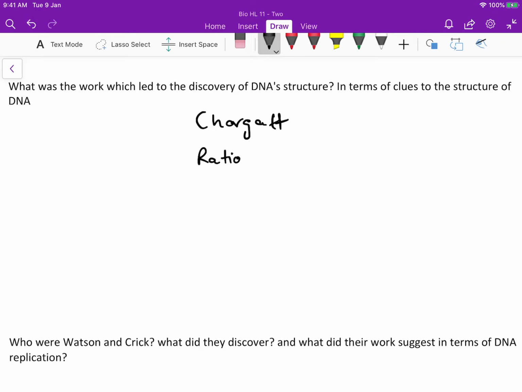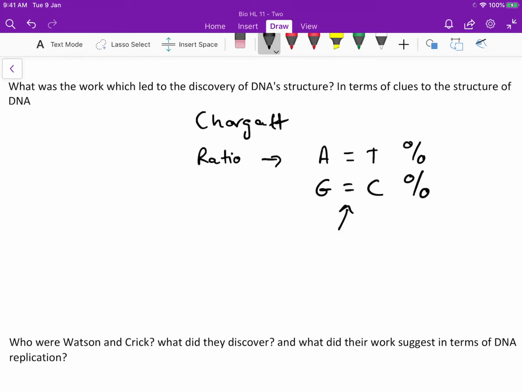There was a particular ratio found within DNA where A was always at the same percentage as T, and G was at the same percentage as C. And so this was very strong evidence that these paired together. So adenine and thymine, guanine and cytosine.